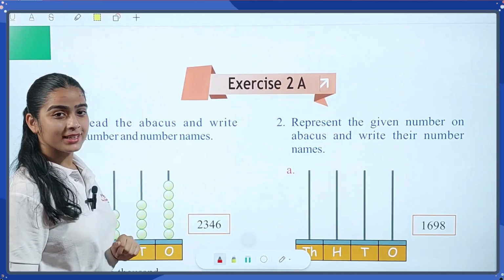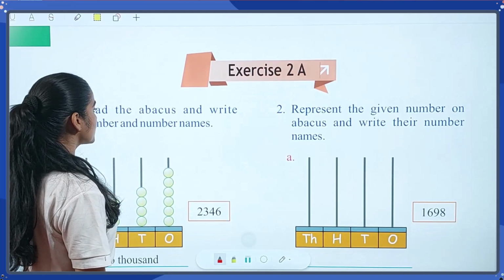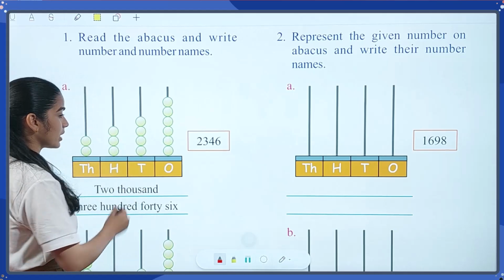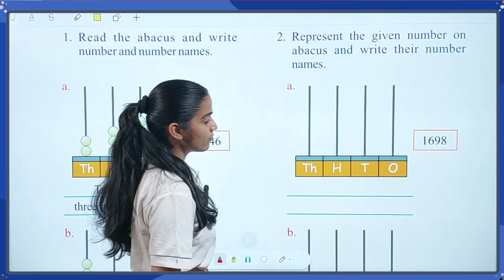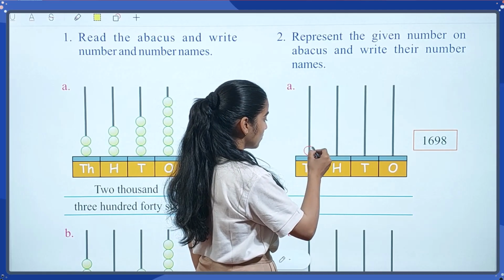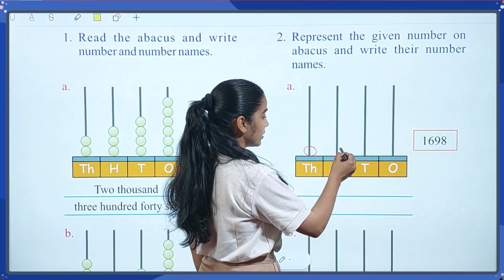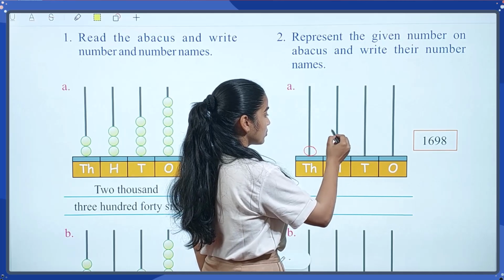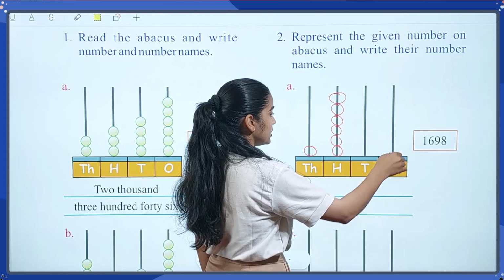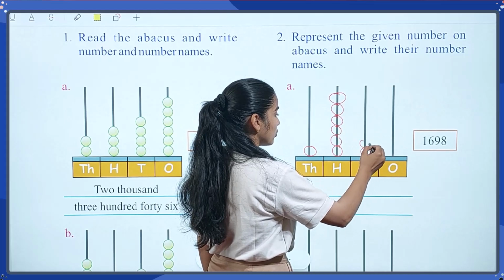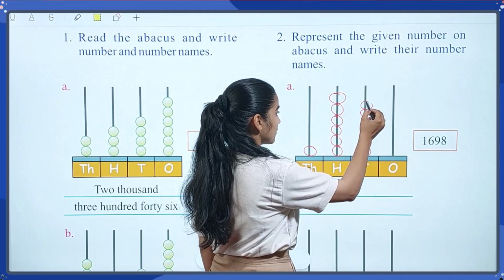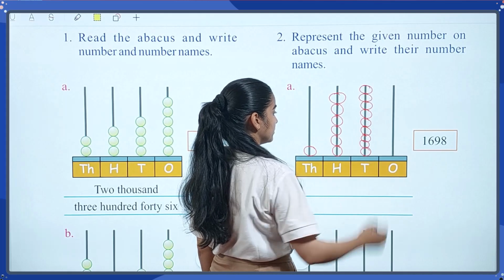Now we have an exercise. So are you excited? Let's get started. Read the baskets and write the number and number names. We have 1698. So for 1000 we have to place one ball here. Then for 600, 1, 2, 3, 4, 5, 6. After this, 9 tens: 1, 2, 3, 4, 5, 6, 7, 8, 9.